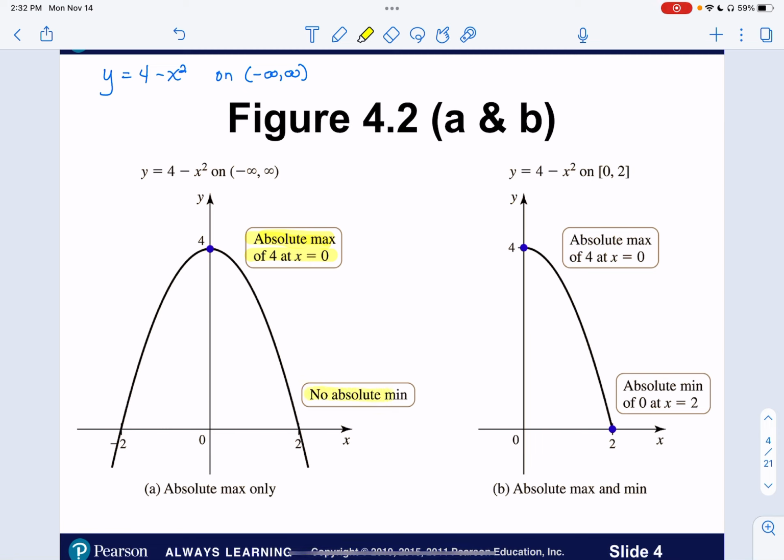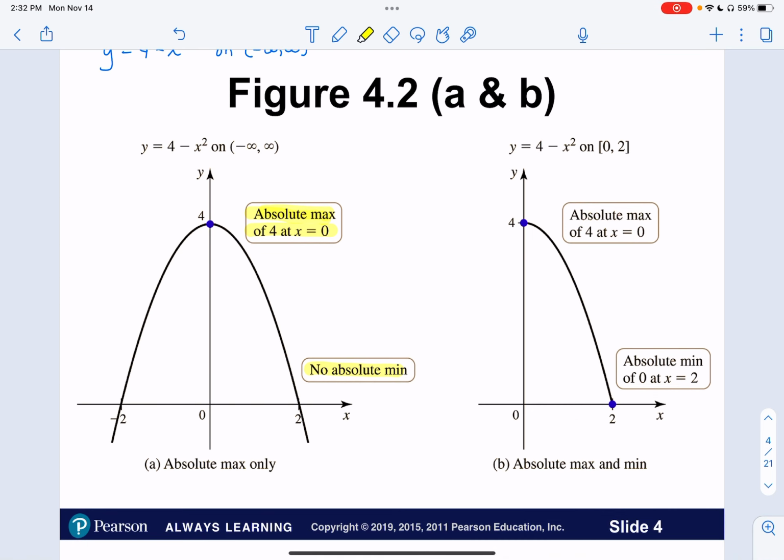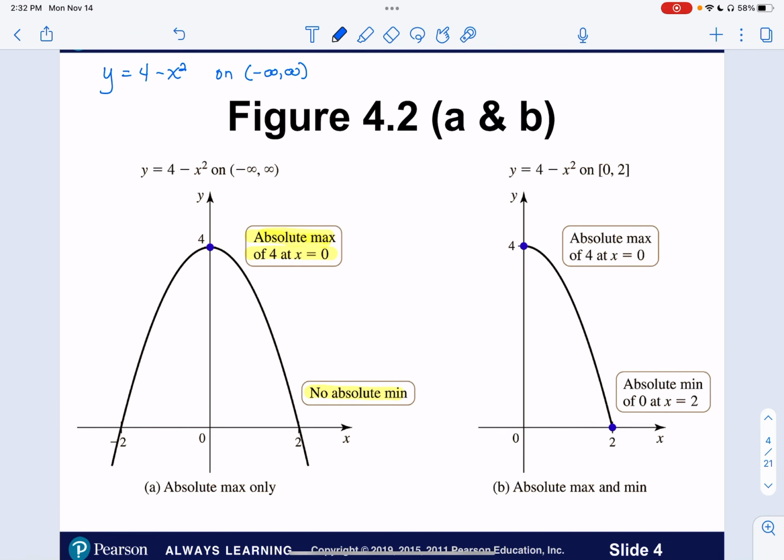And then there is no absolute minimum for this function. If we look a little bit differently at the same function, but we change the interval, so here we're looking from 0 to 2 inclusive, then now we have an absolute max of 4 at 0, and we have an absolute min of 0 at x equals 2. So we have both an absolute maximum and an absolute minimum.